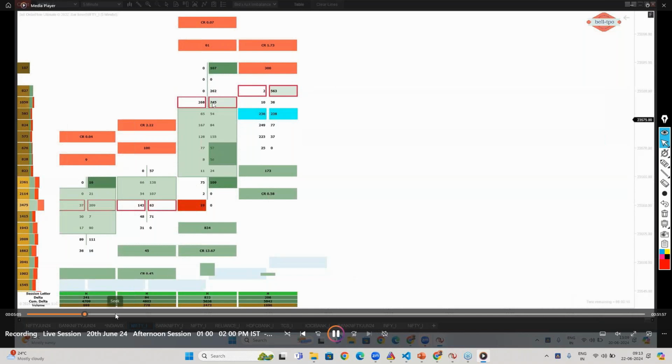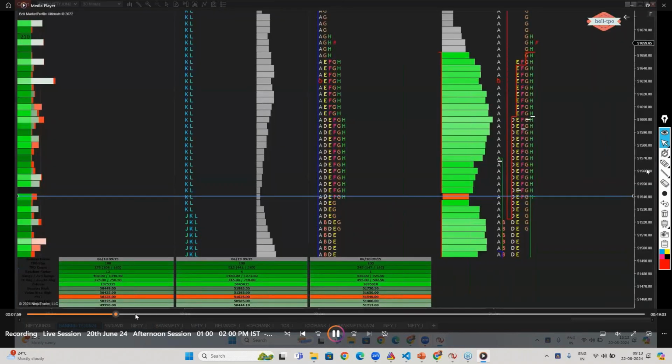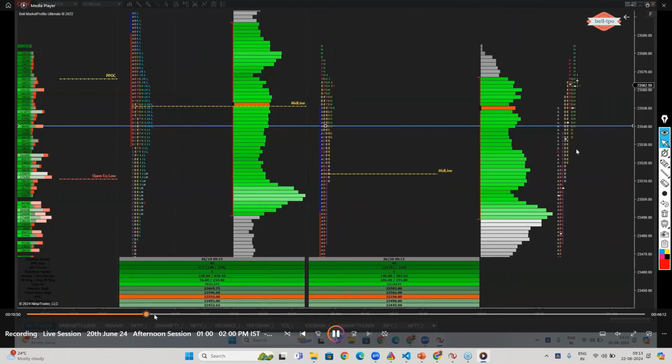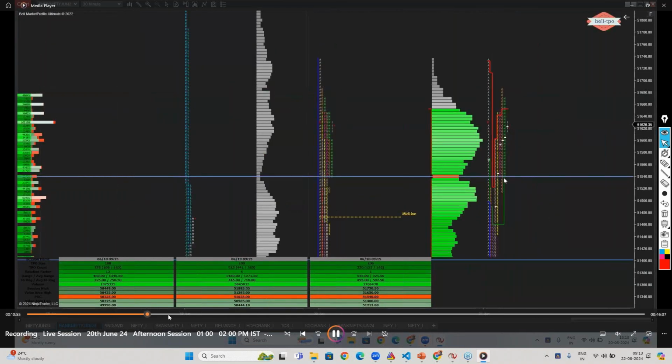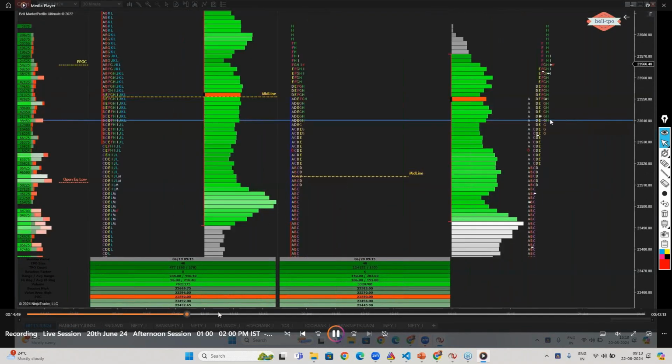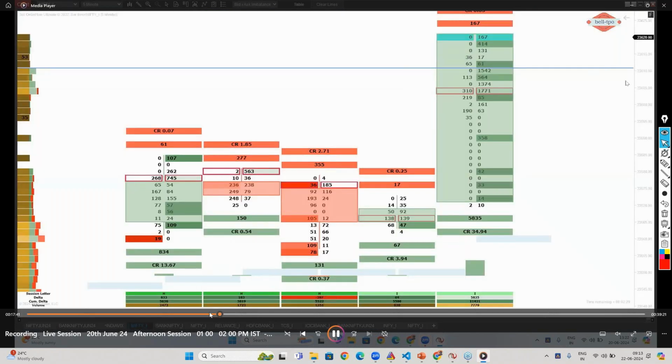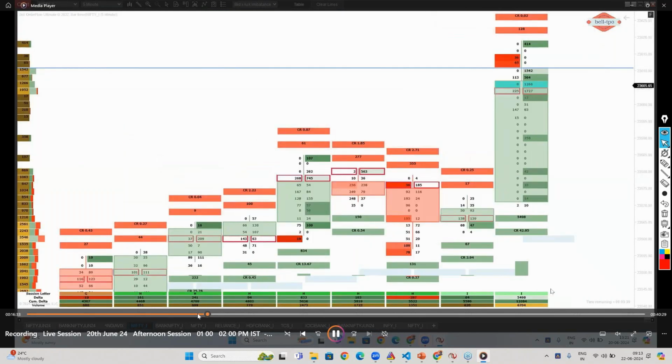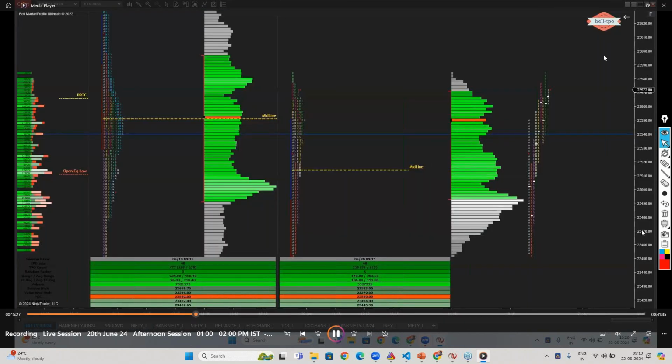In the middle of the day, the price kept going higher. Of course, Bank Nifty was doing nothing much, totally going sideways. Somewhere around this time, things are getting quite interesting.